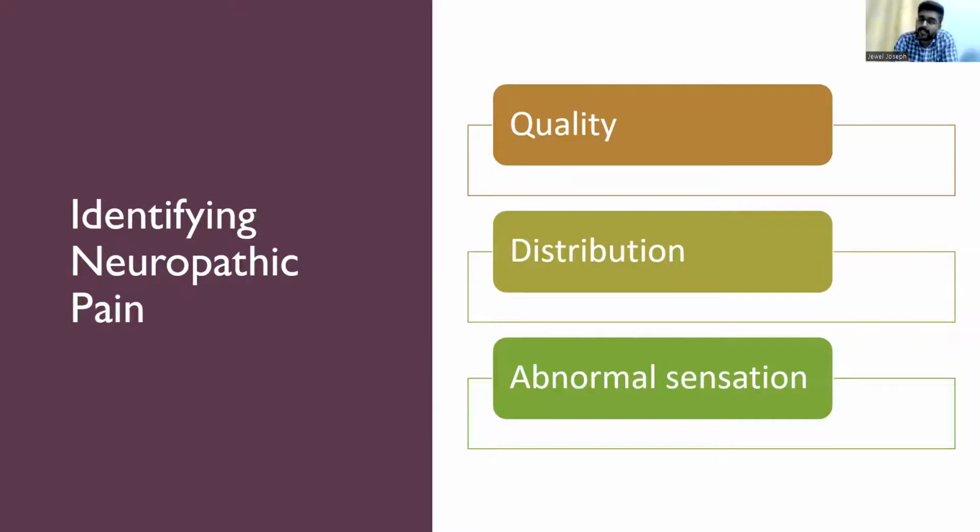Allodynia is perception of a non-painful stimulus to be painful, like a stroke or a touch. And hyperalgesia is increased sensitivity to pain. Those are the two clinical signs that will help us identify neuropathic pain. So quality, distribution, and abnormal sensation.